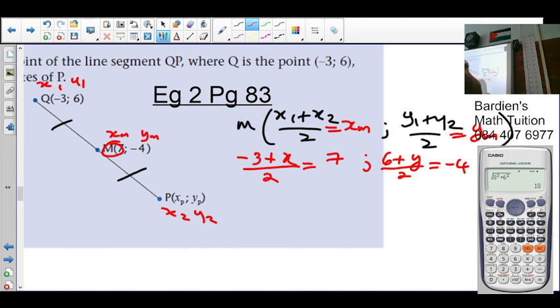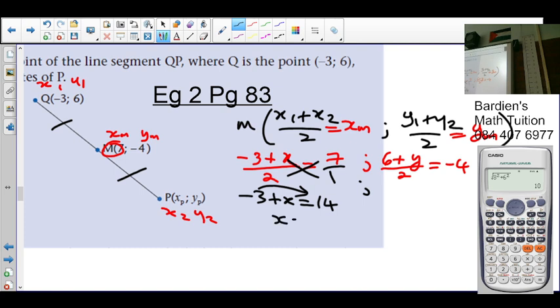You see? It's so easy. I know you guys are getting upset. So you get negative 3 plus x times 1 is negative 3 plus x equals 2 times 7 is 14. Now we solve for x. x is equal to 14 plus 3, which is 17.